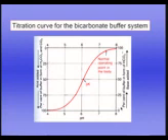And this side shows the amount of buffer in the form of bicarbonate, the amount of bicarbonate ion that you're adding to the system. And you can see that there's an S-shaped curve when you plot these two variables together.